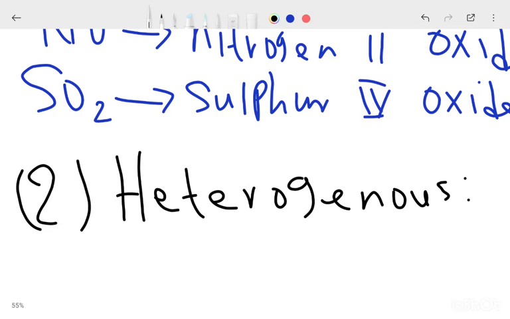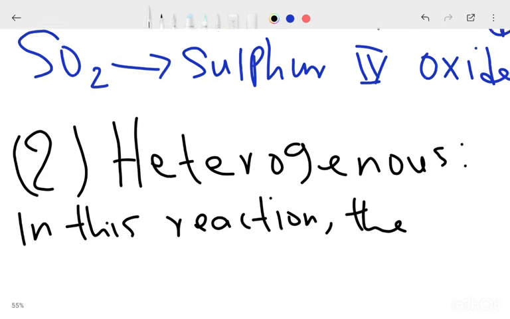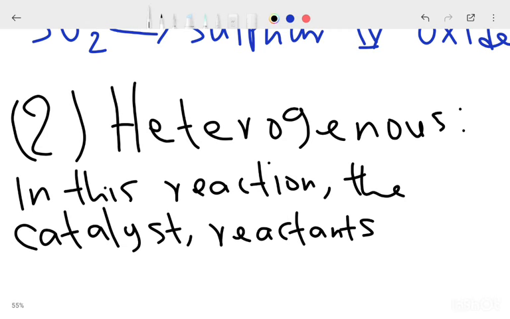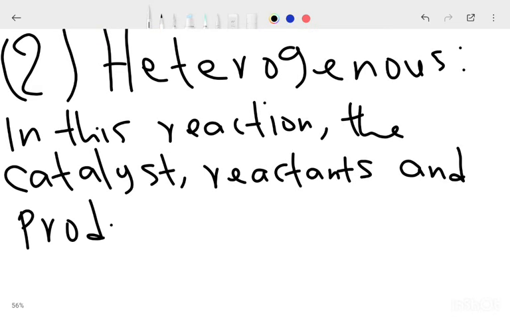Okay. Now in this reaction, the catalyst, reactants and products are all in different phases.